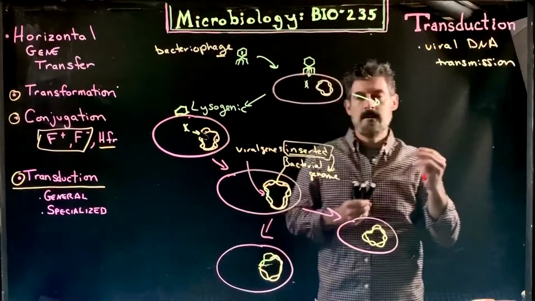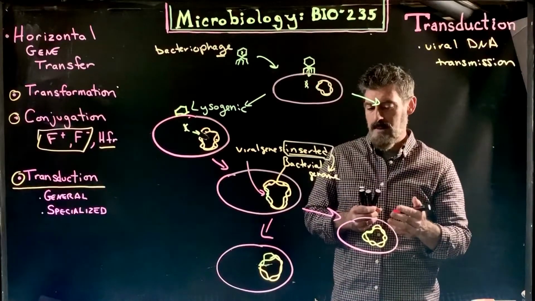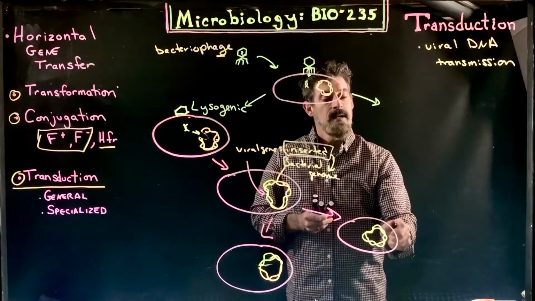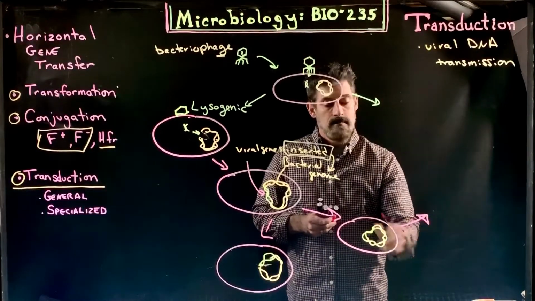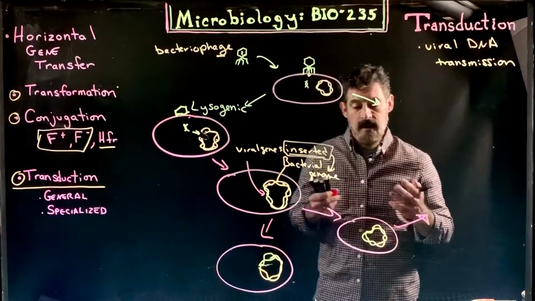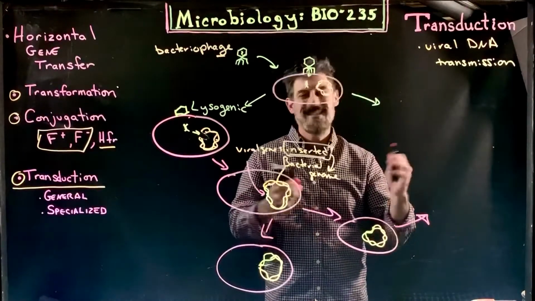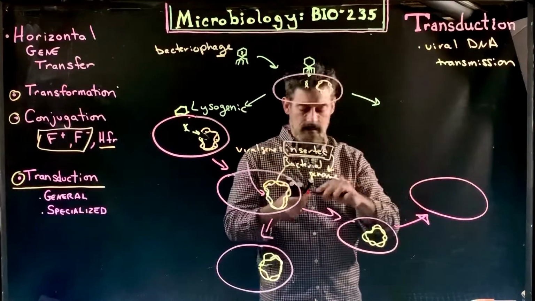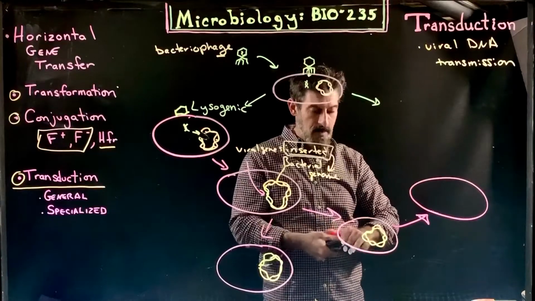So again, where does the transduction come in? How does it pick up bacterial genes? Well, what's going to occur now is that this viral genome at some point will be triggered to be expressed. And when it's triggered to be expressed, then it's going to essentially enter into what was the lytic cycle that I had over here that I erased, and now we're going to kind of come back to that.